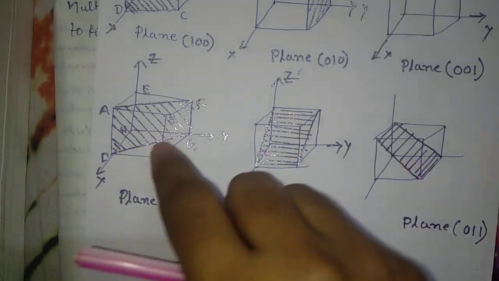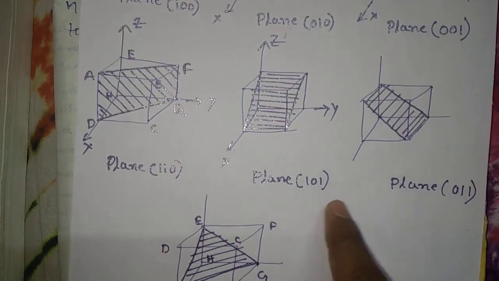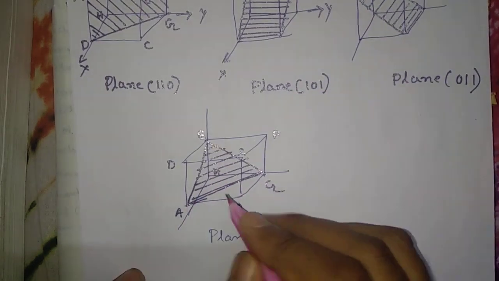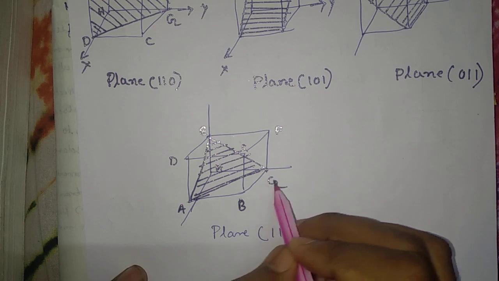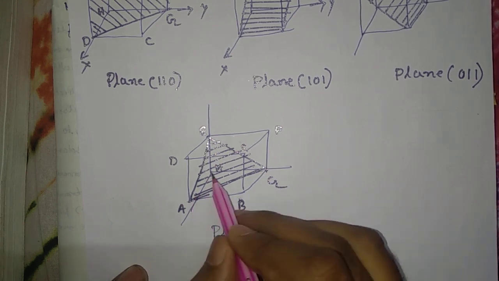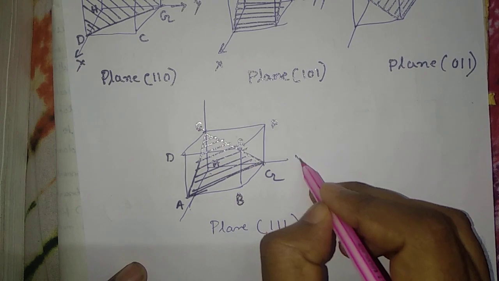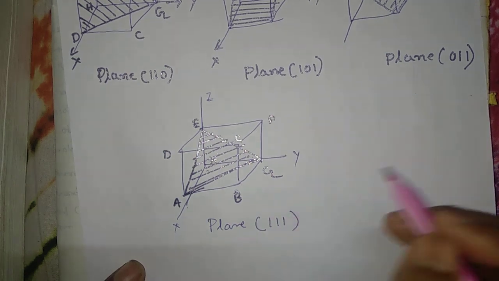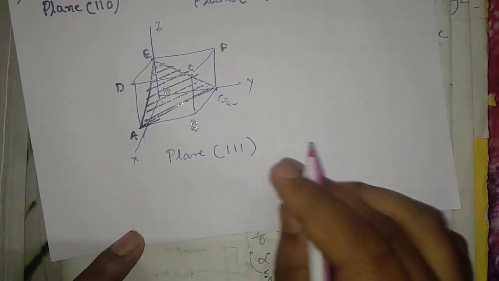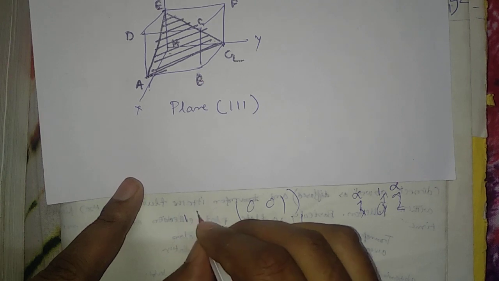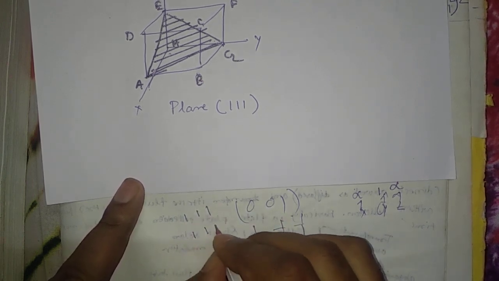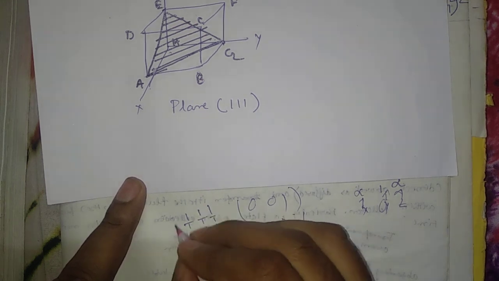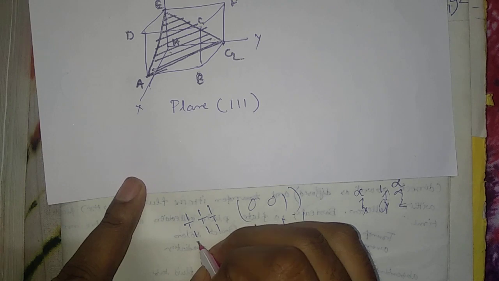Similarly you can draw the planes 1 1 0, 1 0 1, 0 1 1 and 1 1 1. As a cubic unit cell we assume that a is equal to 1, so x is 1, y is 1, and z is 1. If the plane is 1 1 1 in Miller indices, the reciprocals are 1 1 1, and the intercept points are 1 1 1.